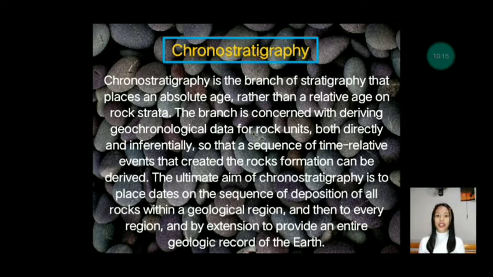The ultimate aim of chronostratigraphy is to place dates on a sequence of deposition of all rock within a geological region, and then to every region and by extension to provide an entire geologic record of the Earth.